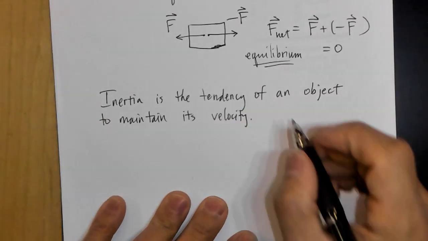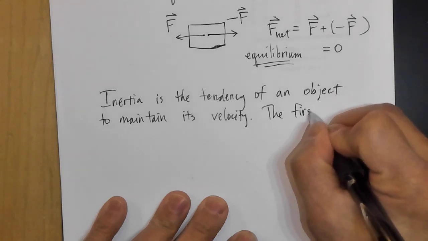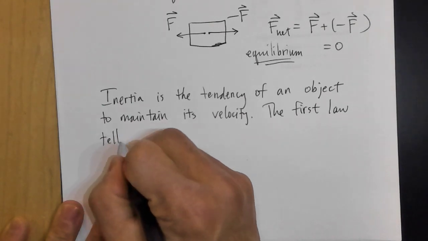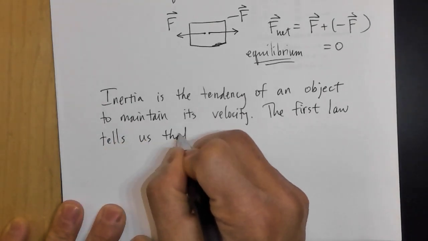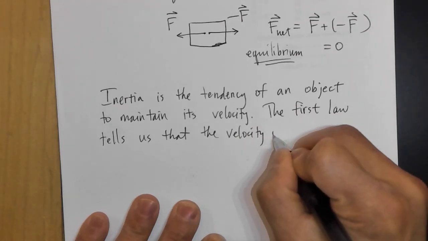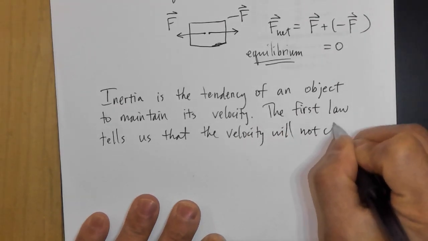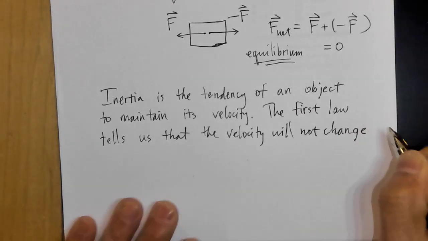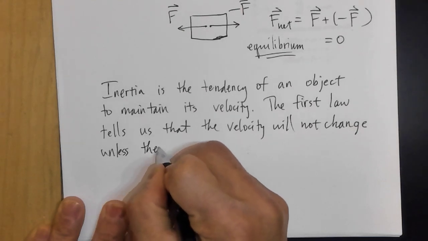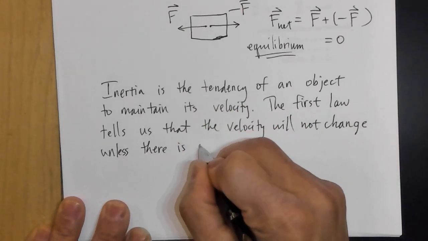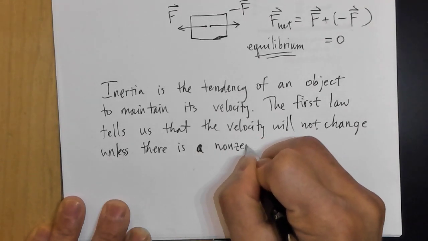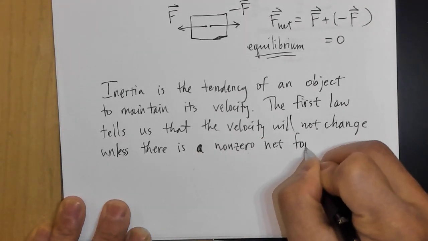Okay, and the first law tells us, I'm talking about the first law of Newton, Newton's first law, tells us that the velocity will not change unless there is a non-zero net force.